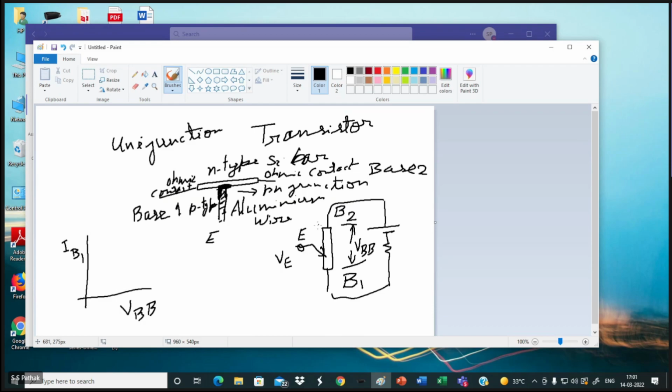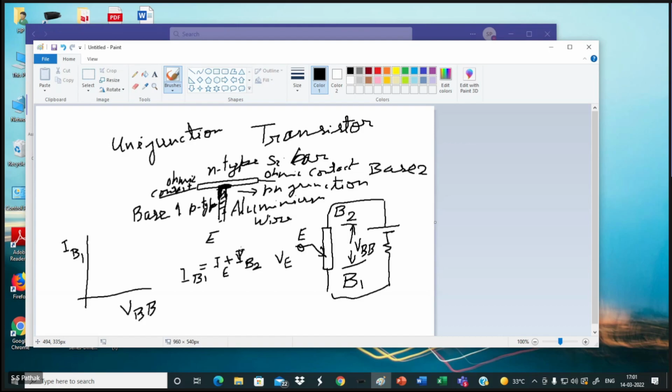IB2 I'm not considering, because IB1 will be equal to IE plus IB2.